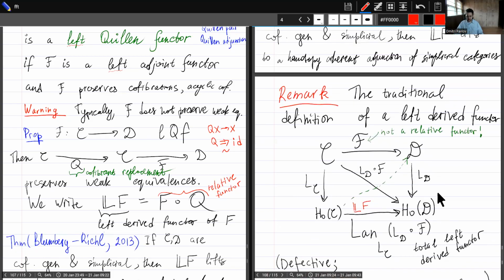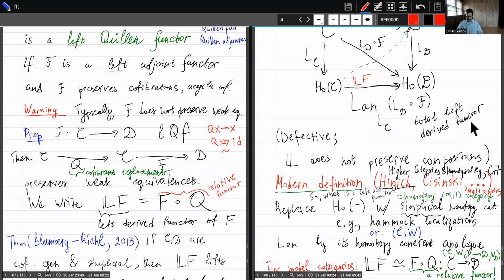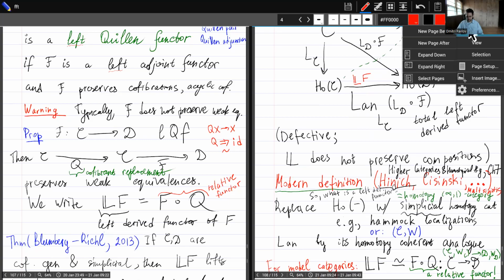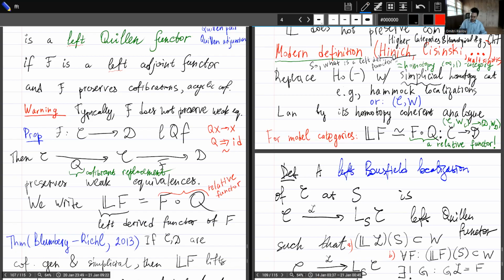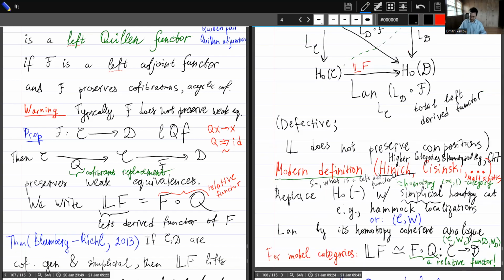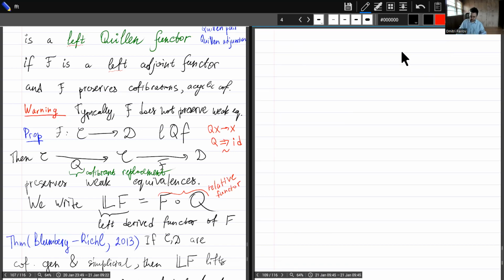So basically, the only intuition we should keep in mind here is that relative categories and relative functors are one of many equivalent models for infinity one categories.